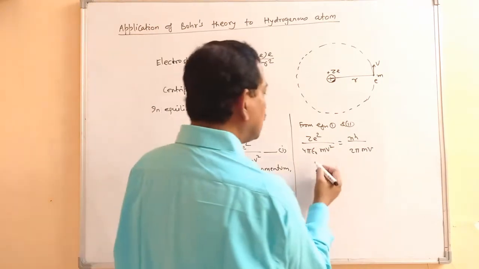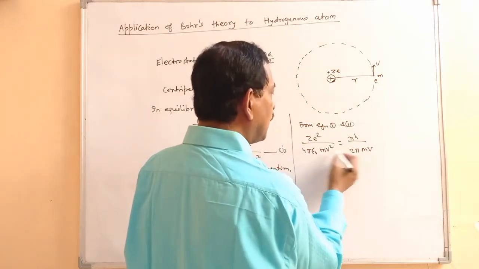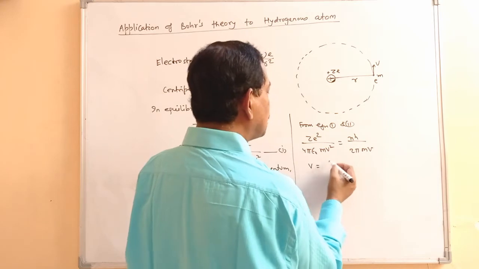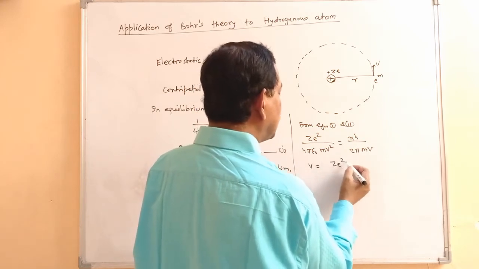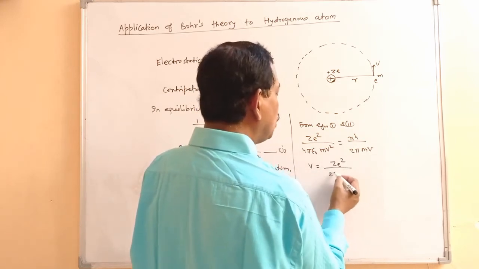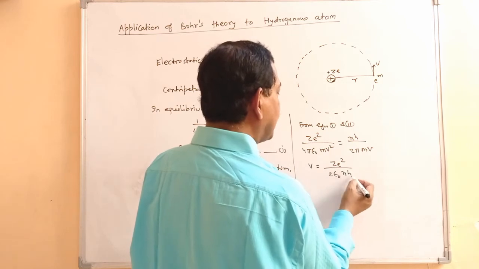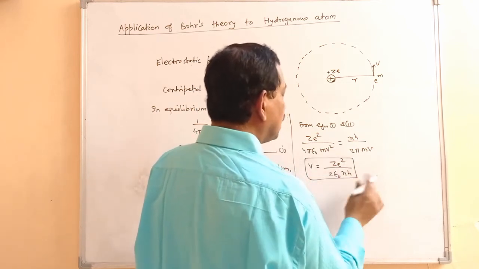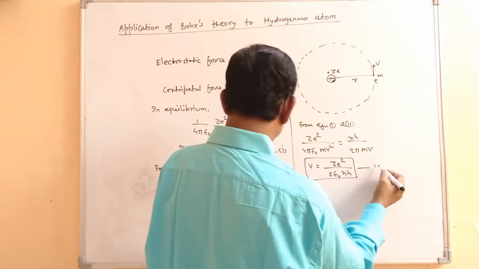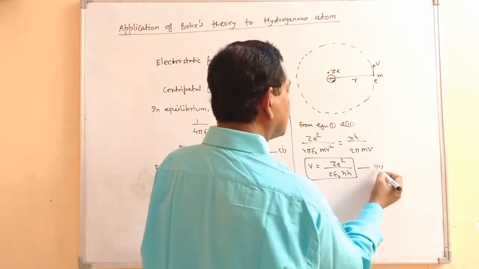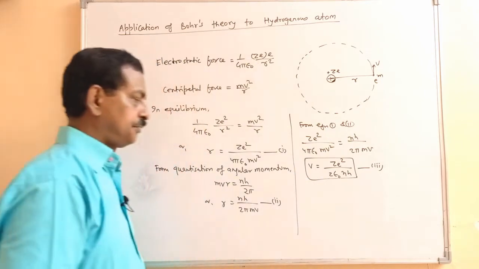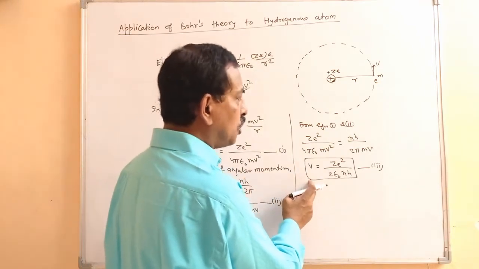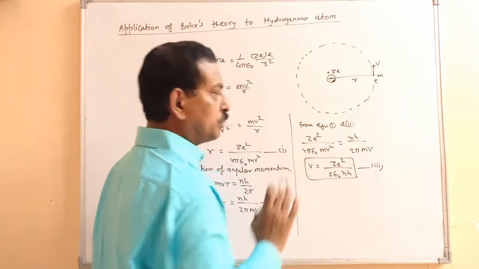So from this we can cancel m, 2 pi we can cancel, and we can get the expression for v, which is Ze square by 2 epsilon naught nh. This is the expression for velocity. Suppose I call this equation 3. So this is the expression for velocity of the electron in the nth orbit.